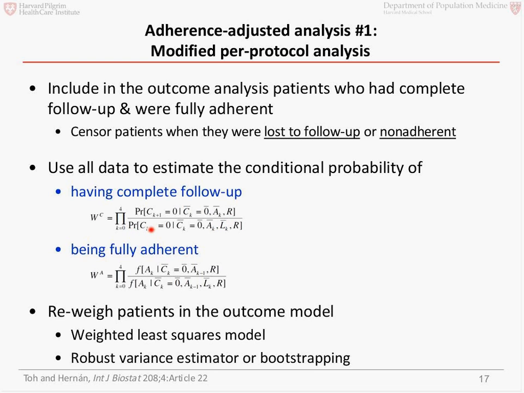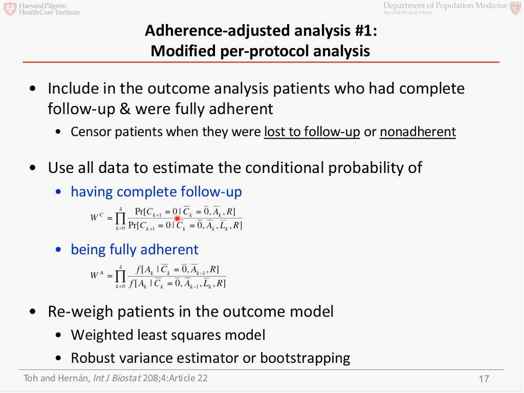And we did this for all follow-up time points, and we fit the model separately for each treatment arm. Each visit would give us an estimated probability of remaining uncensored for each patient, and then we just multiply them to get the overall probability of remaining uncensored at the end of follow-up.